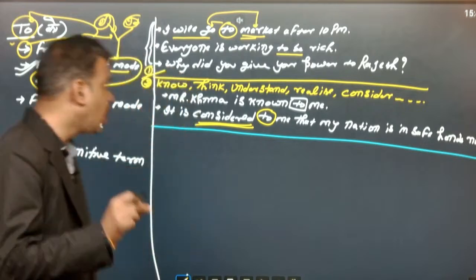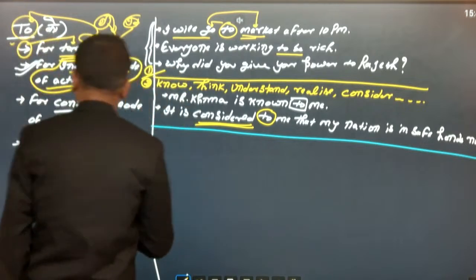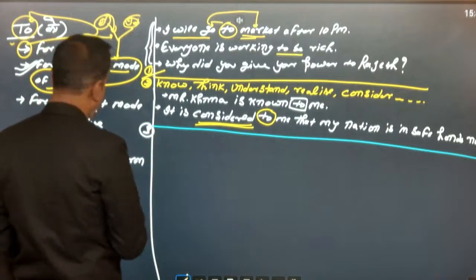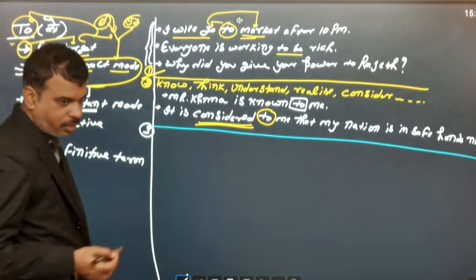But here are a few words that are known as constant adjectives.